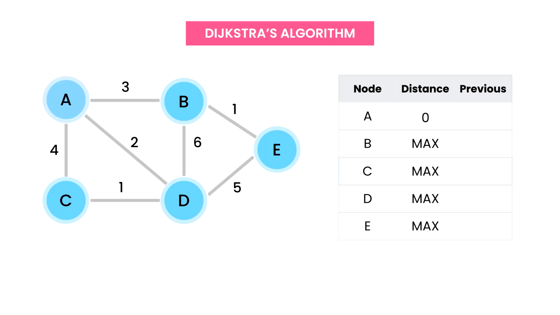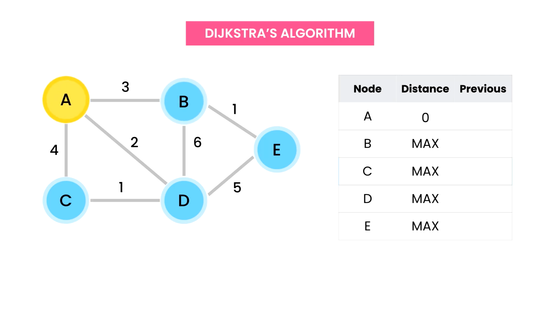Let me show you. So we start from A. At each step, we look at the unvisited neighbors of the current node. So the unvisited neighbors of A are B, C, and D. Now we calculate the distance from the start node to each of these neighbors. In this case, the start node and the current node happen to be the same node. That's A. So what is the distance from A to B?